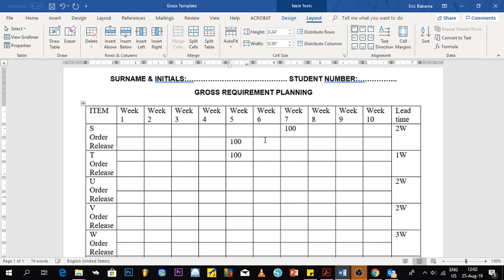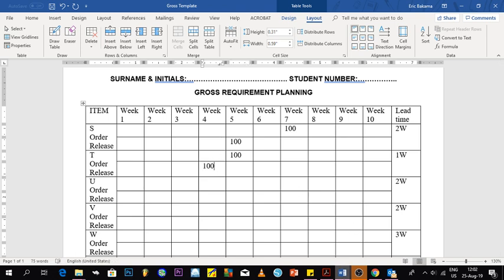So the component is going to be 100 times 1, which is 100. We put it in week 5 because that's when we will have to order product S. And since T is coming straight from S, we will have to order it when S is about to be ordered. So it's 100 times 1, which is 100. Then it's 1 week lead time, so we go backward 1 week, we put our 100.